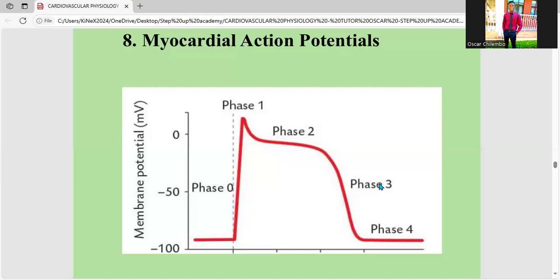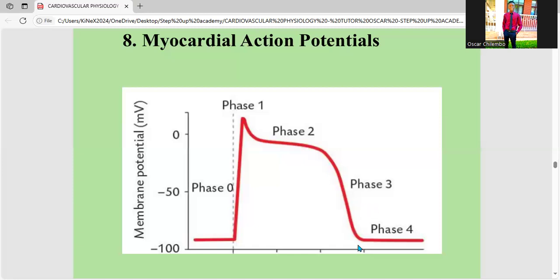So during phase 3, since the potassium efflux, potassium leaving the cell, is high, potassium is leaving the cell more rapidly, and the calcium channels at this point get closed. They become inactive. There is no balance that caused this plateau in phase 2, since calcium is no longer entering the cell. So the cell is becoming more negative. So that was phase 3.